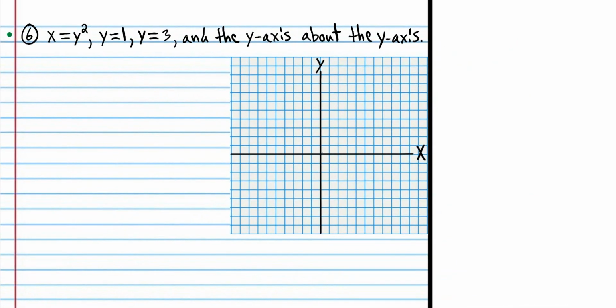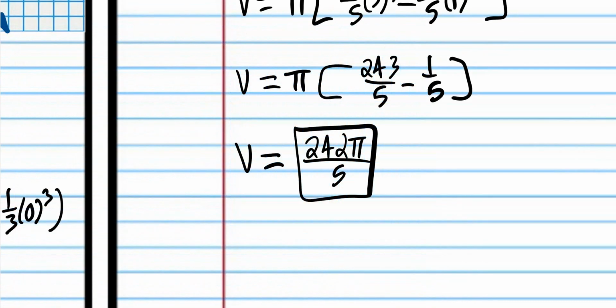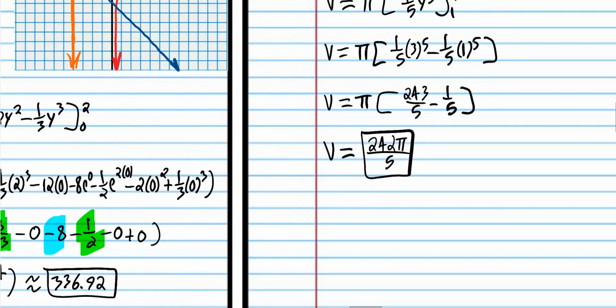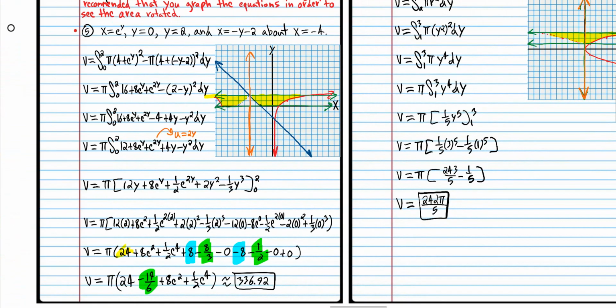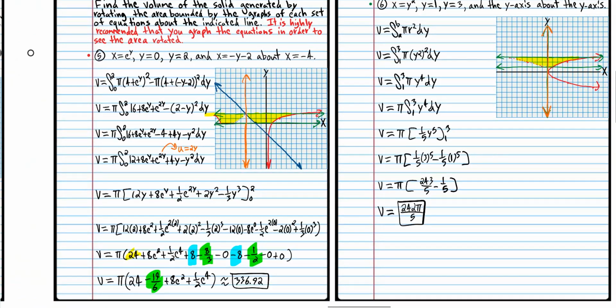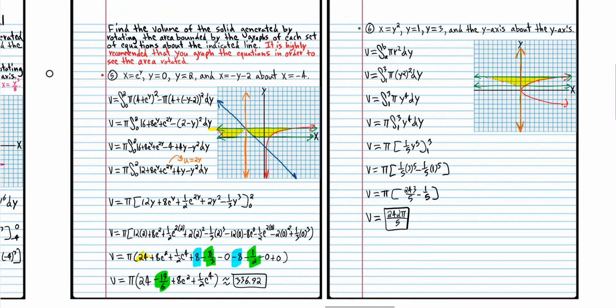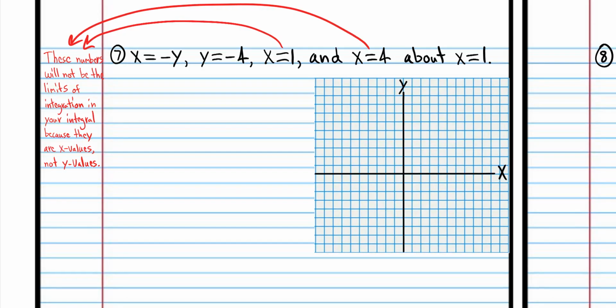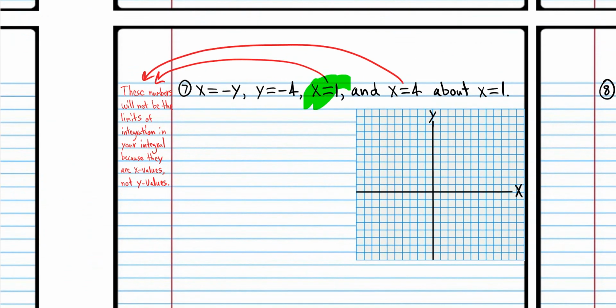Okay, we're back. So if you got that number, excellent. So I want you to take a picture of these true problems here, and they will help you do number 7. So I want you to try number 7. Be aware that we're using these green equations to enclose our area, but these equations are not the limits of integration.